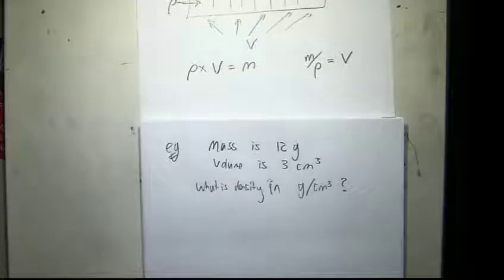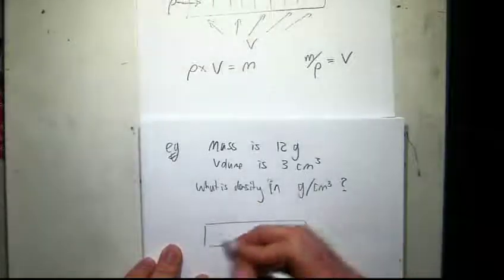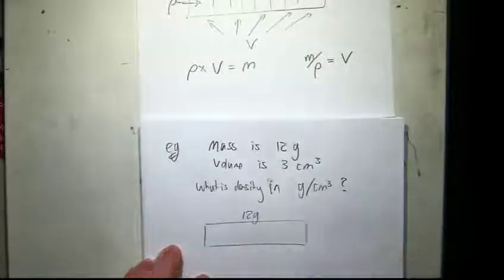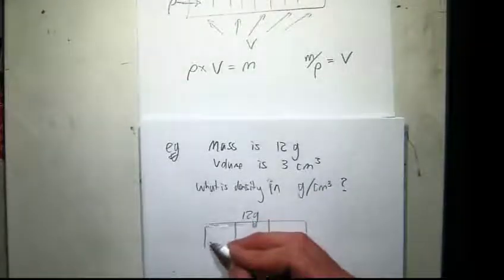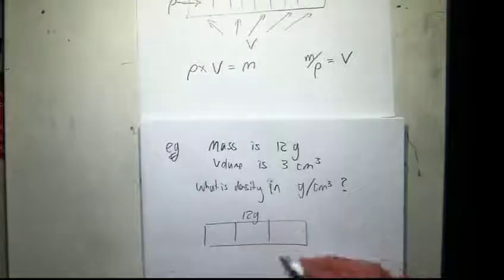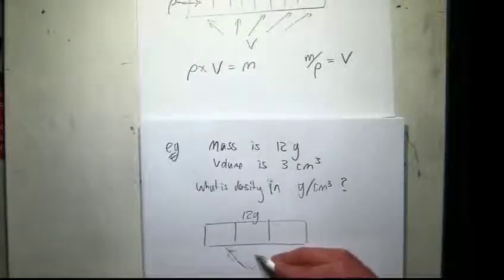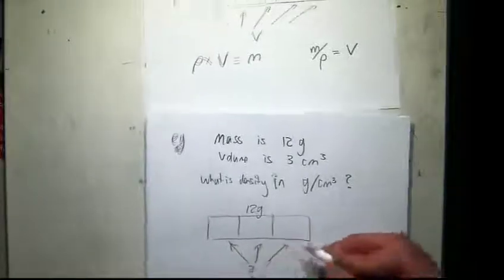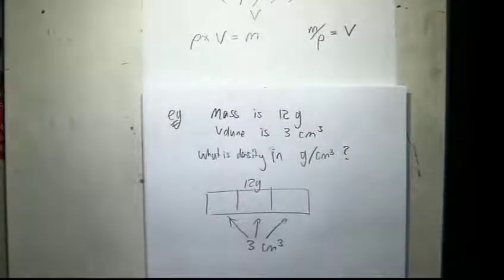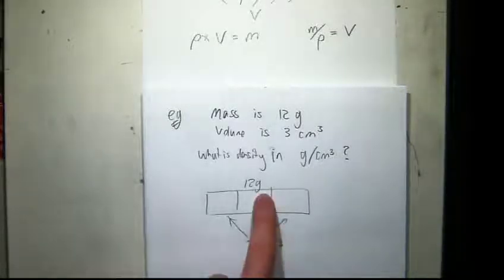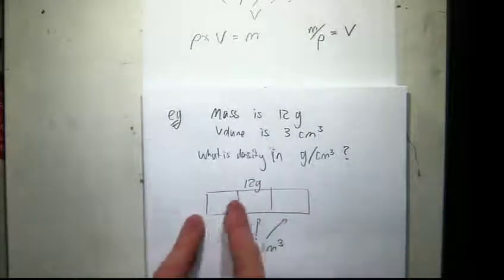So let me think about this. I have 12 grams in total, and it's made up of 3 centimetres cubed. There's one centimetre cubed, there's another centimetre cubed, there's another centimetre cubed. And density is saying, well, how much is there in every 1 centimetre cubed? So I go, well, these are my 12 grams, these are my 3 centimetres cubed, how much is there in 1?